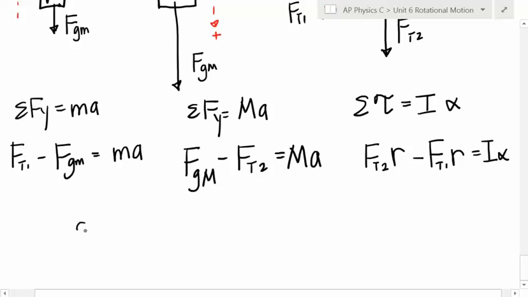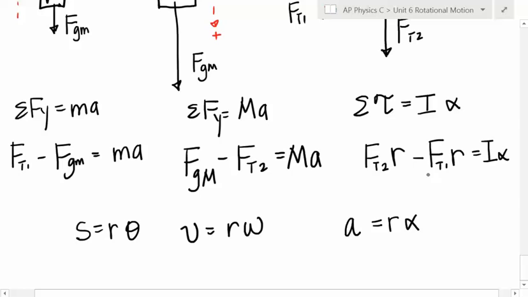Now, just like s is equal to r theta for the arc length, and v is equal to r omega for the angular speed, then linear acceleration is equal to r times alpha. And we can make a relationship between these linear accelerations and this angular acceleration.